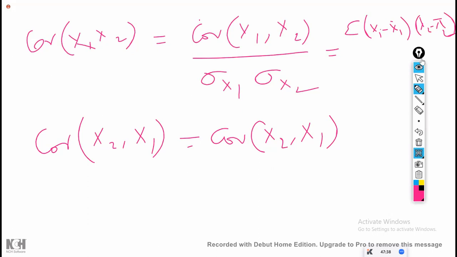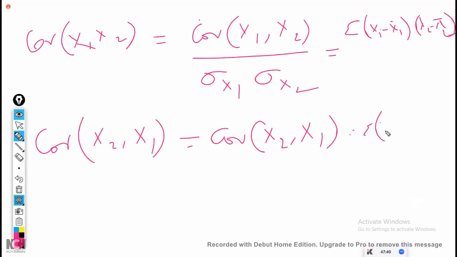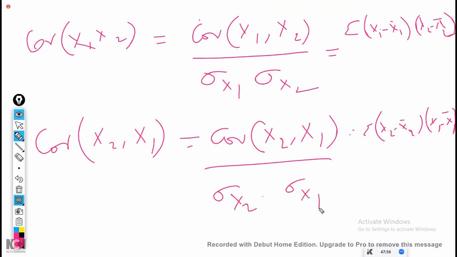For x2, x1 it is sigma of x2 minus x2 bar into x1 minus x1 bar. Both are the same, right? If you multiply a into b or b into a, both are the same. Similarly, for the denominator, sigma of x2 into sigma of x1 is the same as sigma of x1 into sigma of x2. So the above formula and the below formula are both the same. There is no difference. The correlation between x1 and x2 and x2 and x1 will be the same. So that is the reason the upper triangle matrix and lower triangle matrix will be the same.